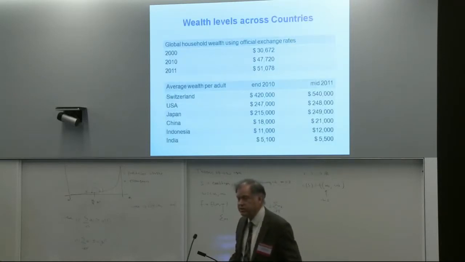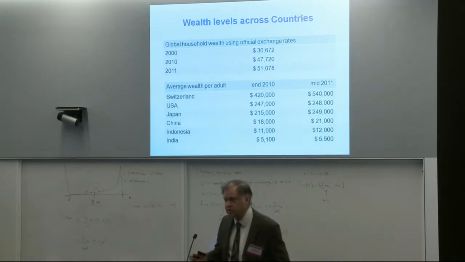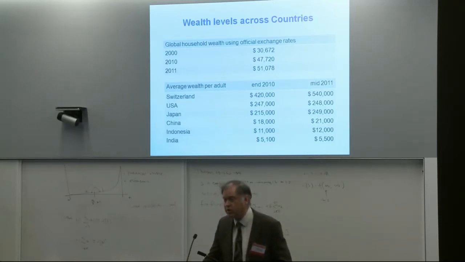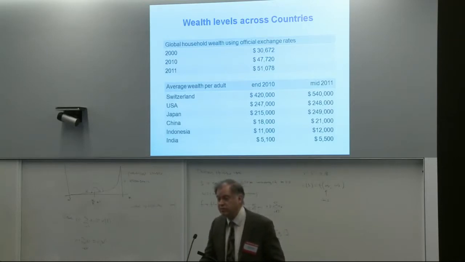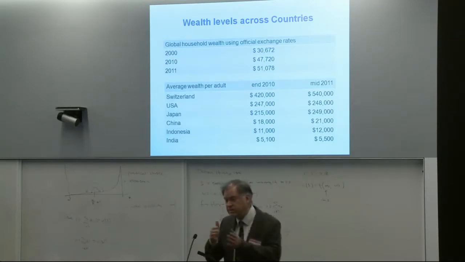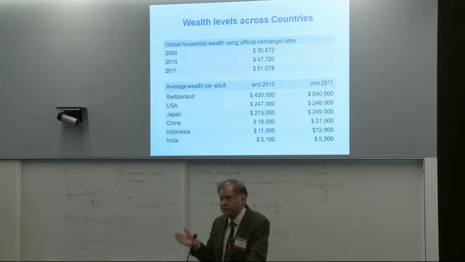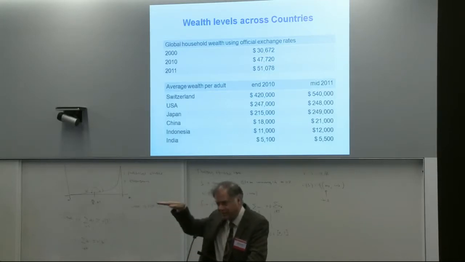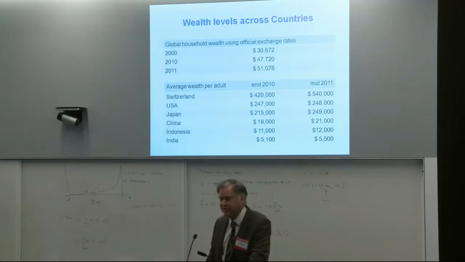Looking at wealth levels across countries, the US is not the highest. In mid-2011, you see Switzerland had average wealth per adult of $540,000. You can see the importance of exchange rates here. Switzerland went up from 420 to 540 in 6 months. That was an exchange rate phenomenon. And then they decided that, all things considered, they didn't really want the franc to go any higher than that.